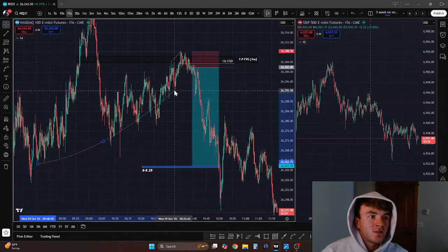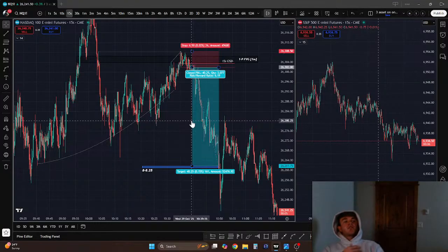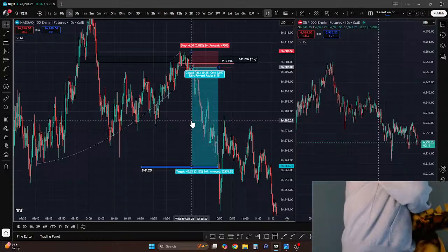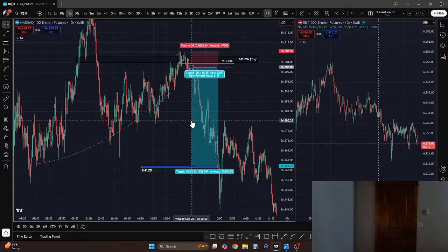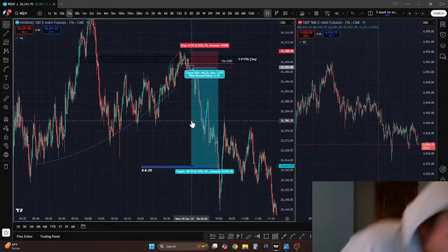But yeah, honestly, you can maybe just enter as a reaction to the first presented for value gap. I mean, you want it to be an actual CISD, but also a CISD is a reaction. That's kind of what it is.